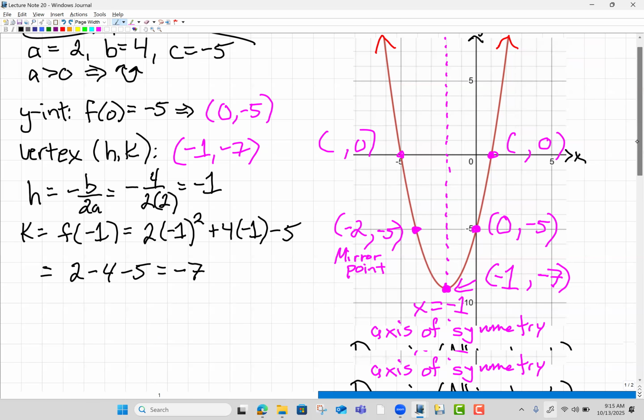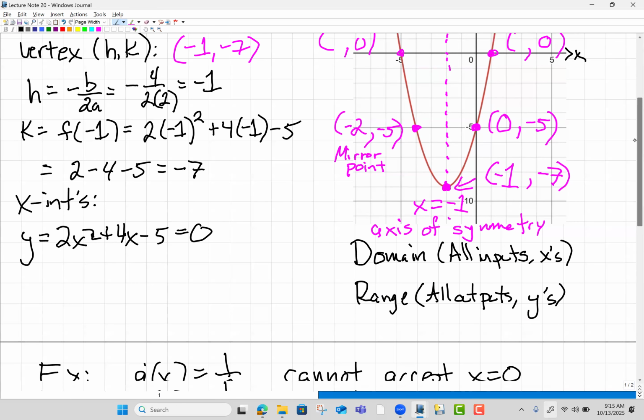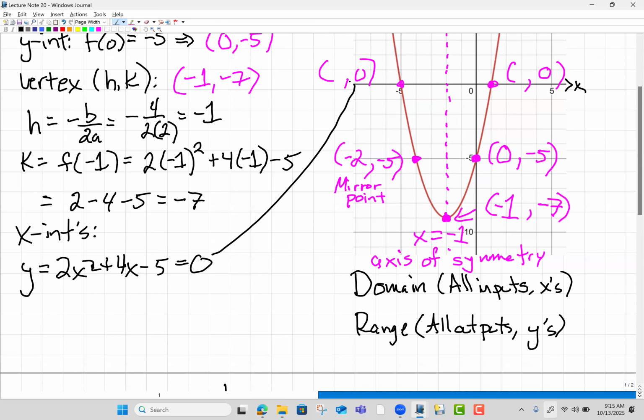So let's go down here and be like, okay, x-intercepts. That's next. Paste. So the y value is this guy, and we want the y value to equal 0, because that's what it is when you're on the x-axis.